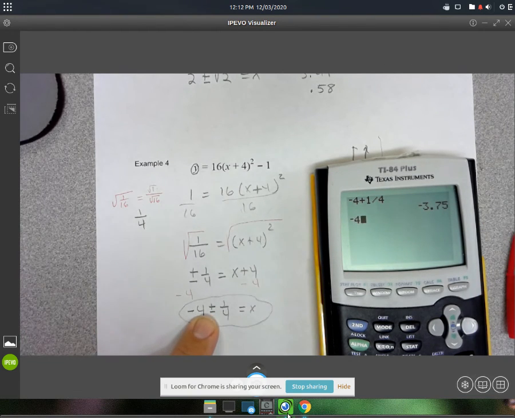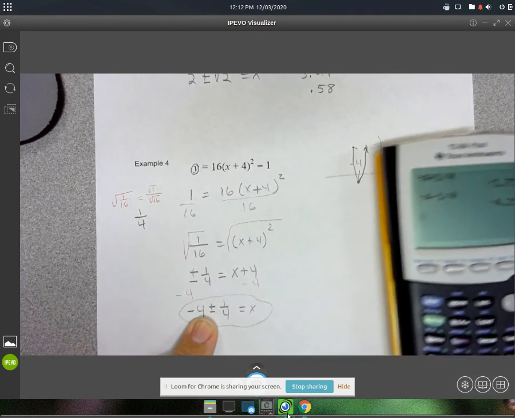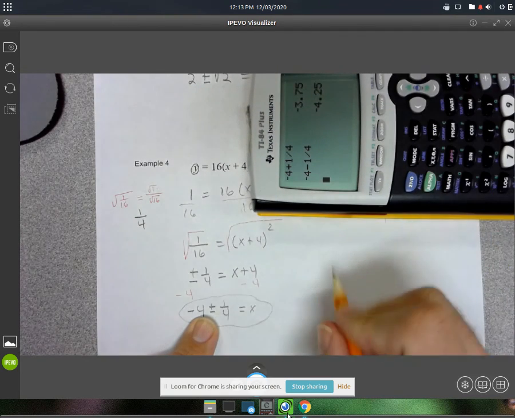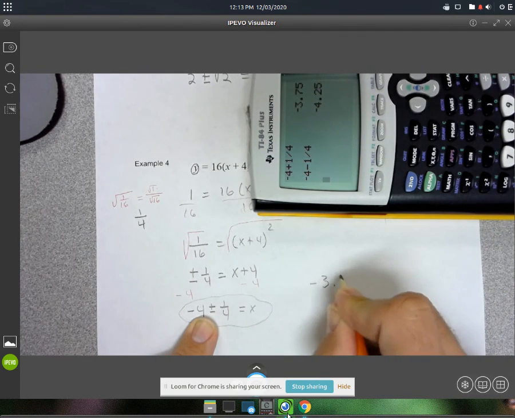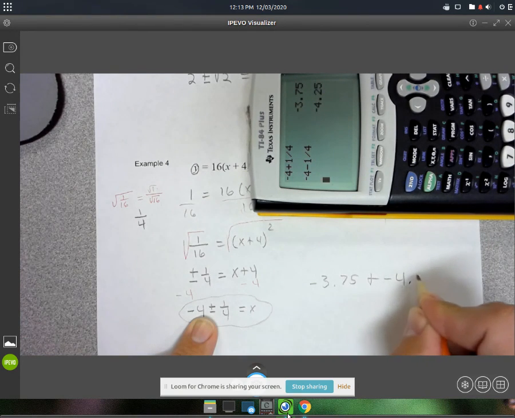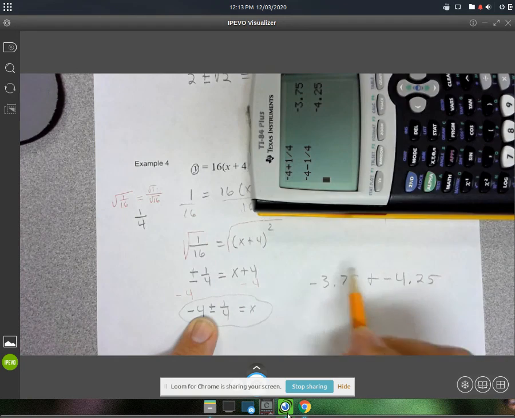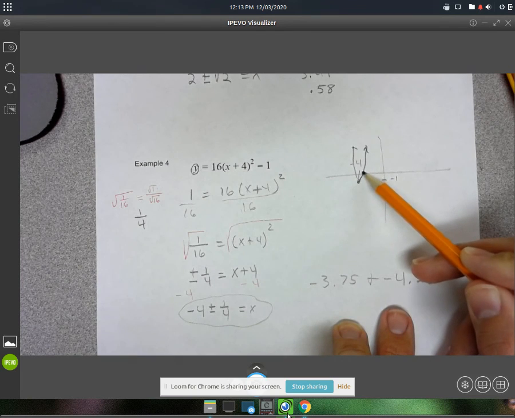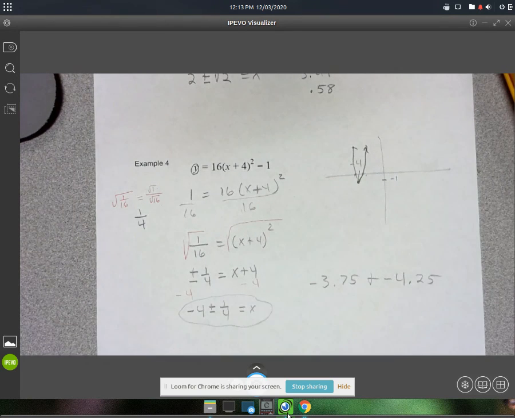The other one is -4 minus 1/4. There we go. So those are our two answers here. -3.75 and -4.25. And see, these two numbers are super close to each other. That's why our x-intercepts are like that too. Super close to each other.